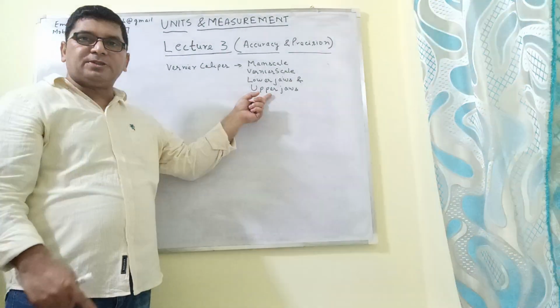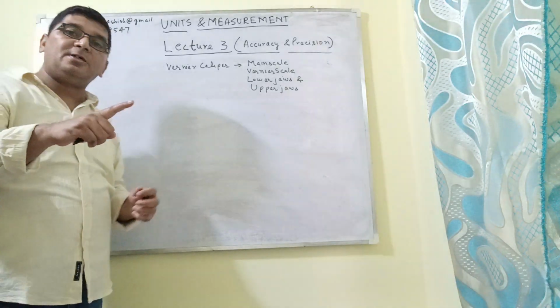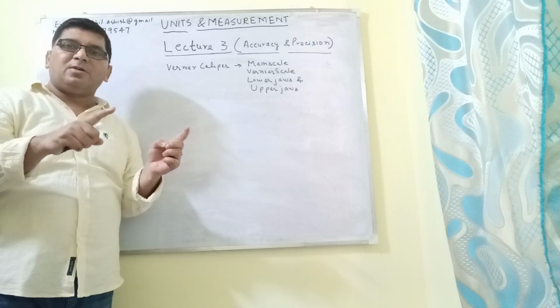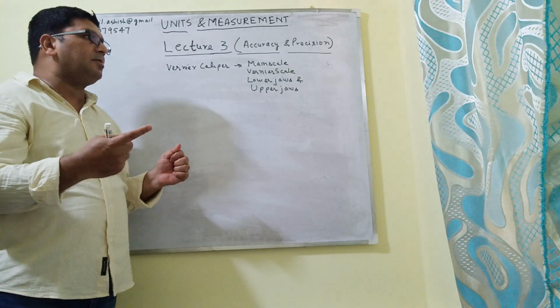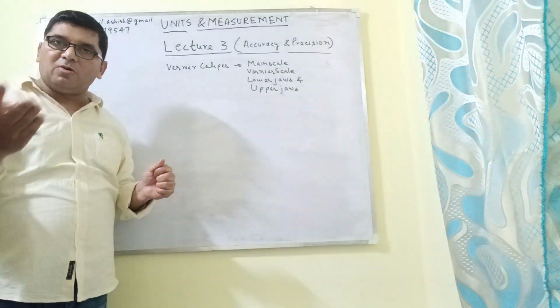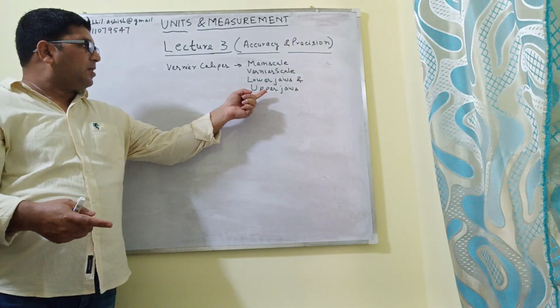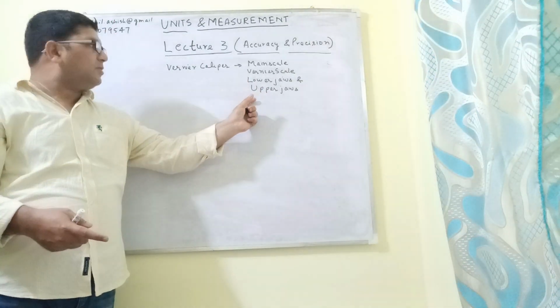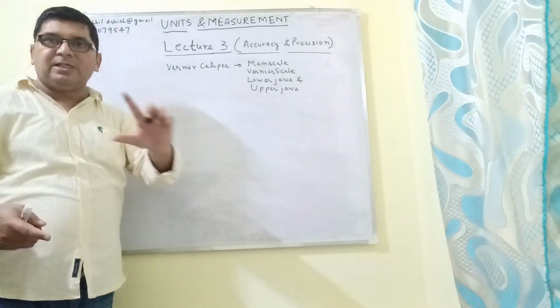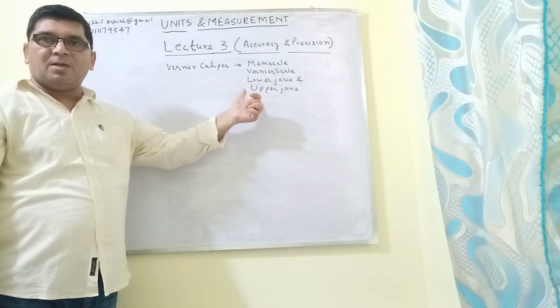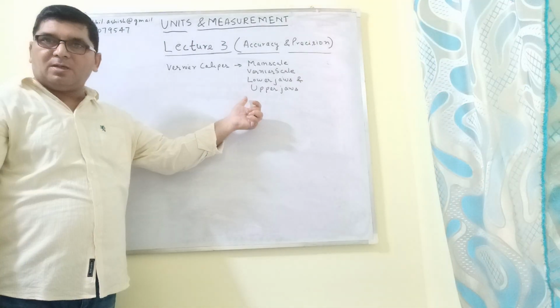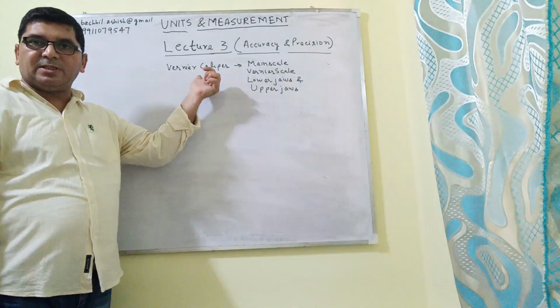The upper jaws are meant to find the inner diameter of hollow objects like hollow rings. It can be a hollow pipe also. So these are the 4 components whose basic definitions you should know, which are used in the vernier caliper.